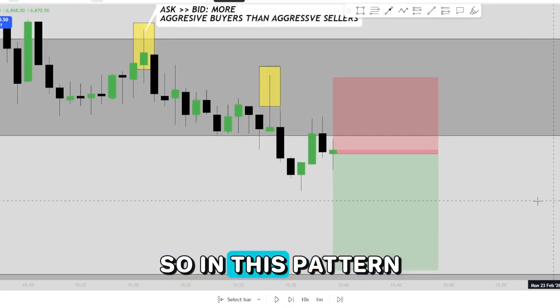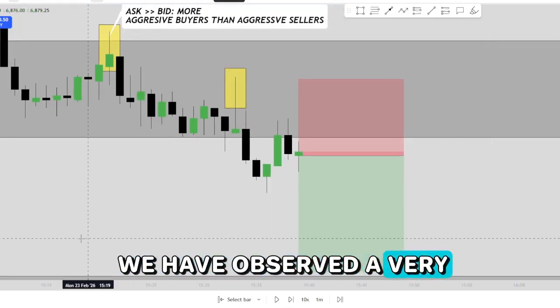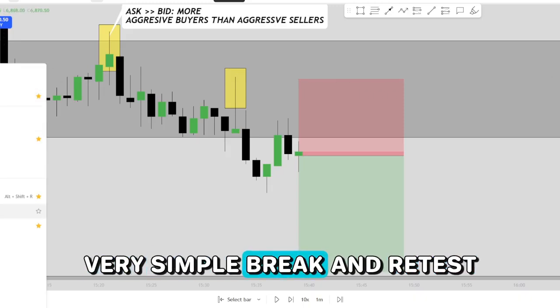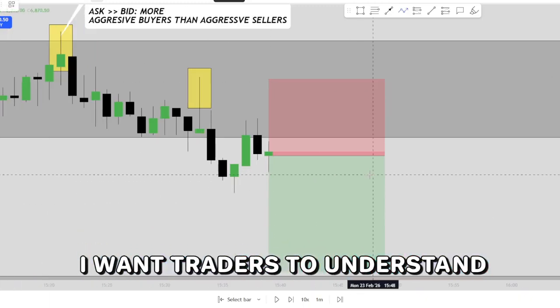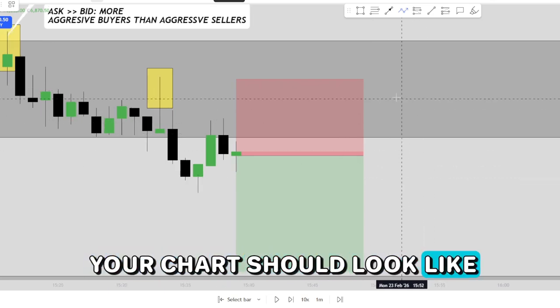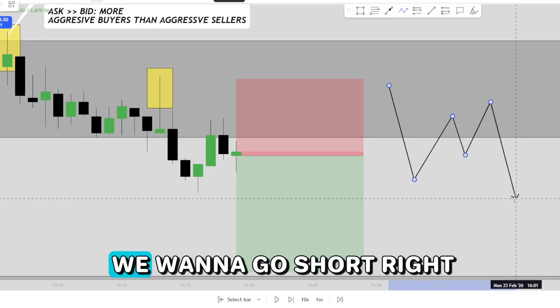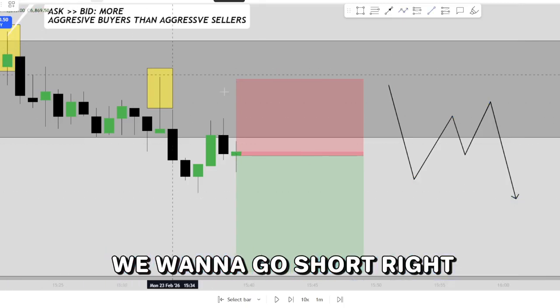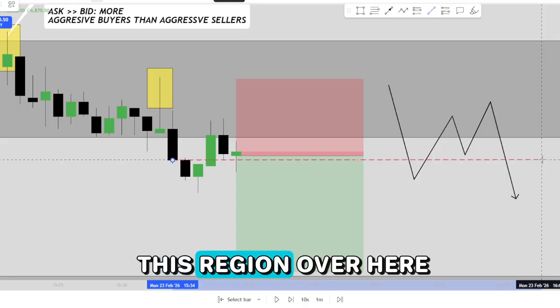So in this pattern over here, what have we observed? We have observed a very, very simple break and retest. And so this is the three-step pattern I want traders to understand. This is what your chart should look like. We are looking for a break, we are looking for a retest, and then we want to go short. So we are trying to go short in this region over here.